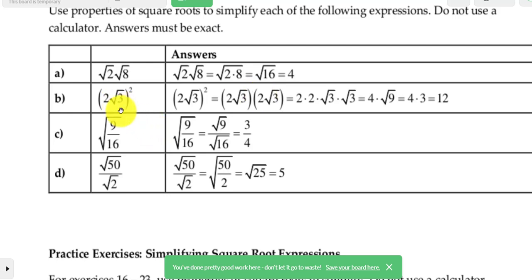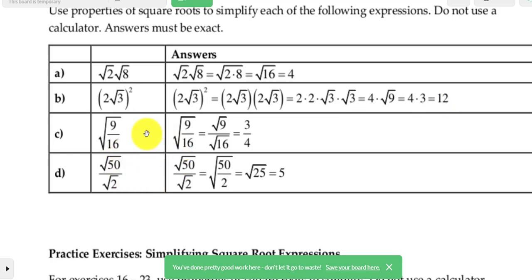Or 2 times the square root of 3 can be rewritten as 2 times 2, right, because the 2 is being squared, and the square root of 3 times the square root of 3. Well, the square root of 3 times the square root of 3 is actually the square root of 9, and the square root of 9 is 3, right? So the 2 times 2 gives me the 4, and 4 times the square root of 9 is the same as saying 4 times 3, which equals 12, right?